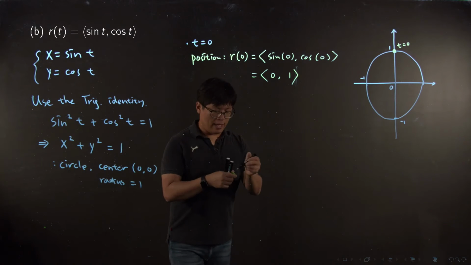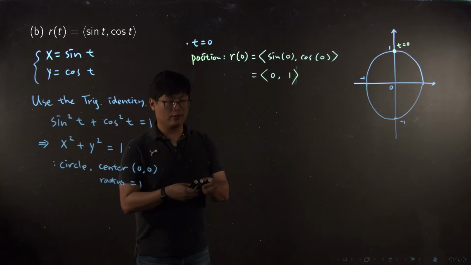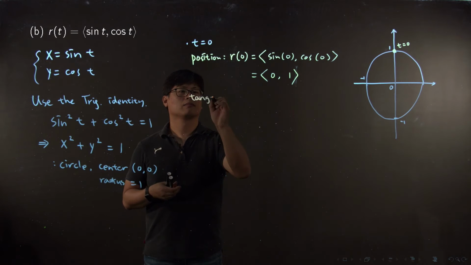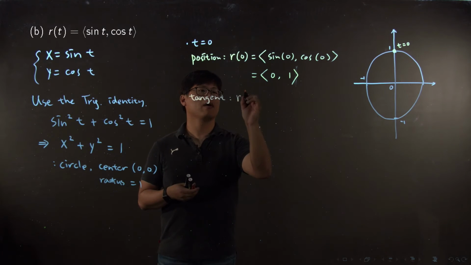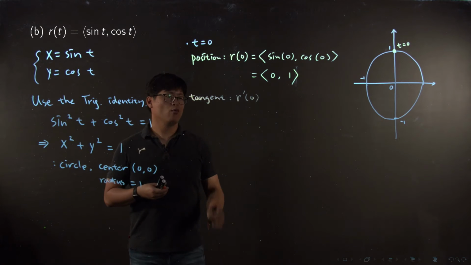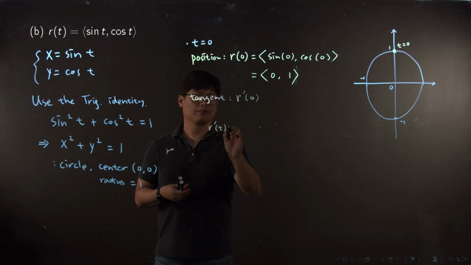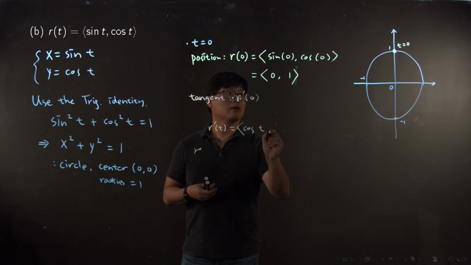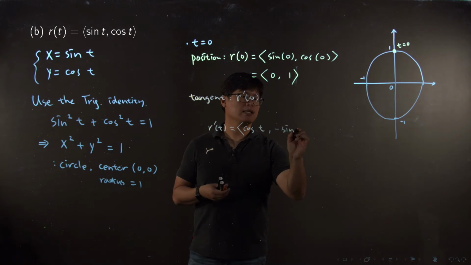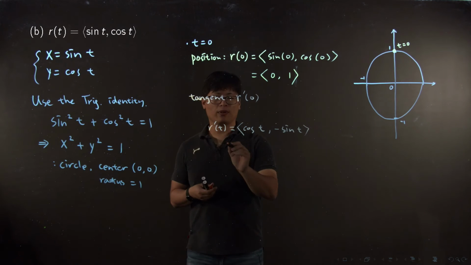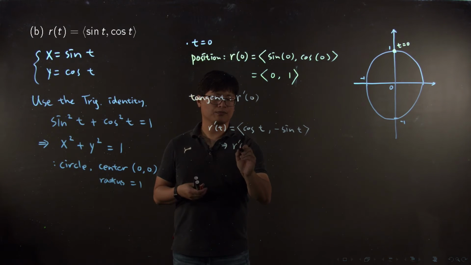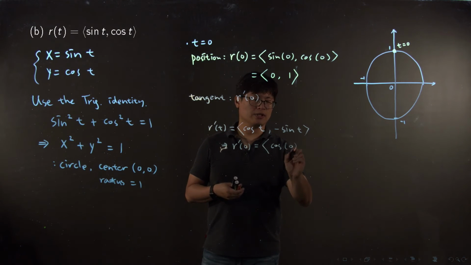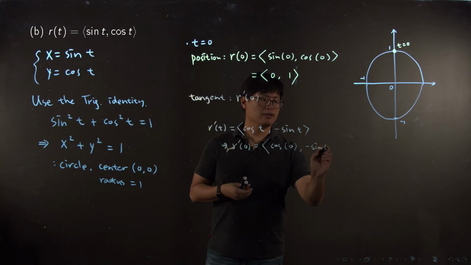Then we're going to find the tangent vector, denoted by r prime of 0. What is r prime t? Sine prime is cosine, and cosine prime is minus sine t. Then we can plug in t equals 0, which gives cosine 0, minus sine 0.